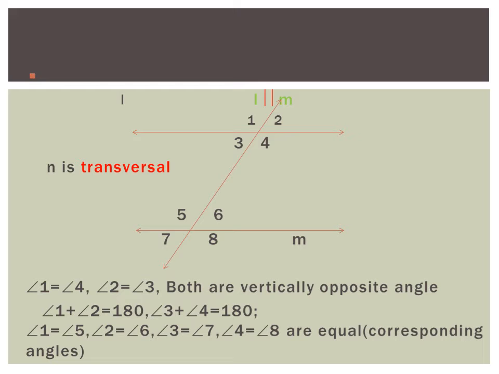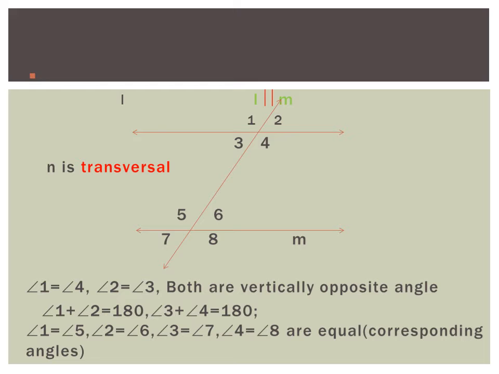And angle 4 and angle 5 are alternate interior angles, so both are equal. Next, angle 3 and angle 6 are also alternate interior angles, both are equal. Similarly, angles 1 and 8 are equal.